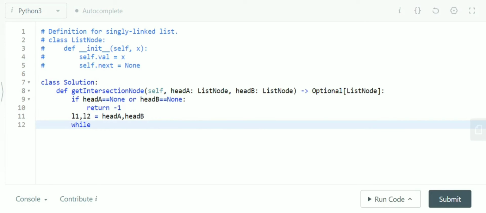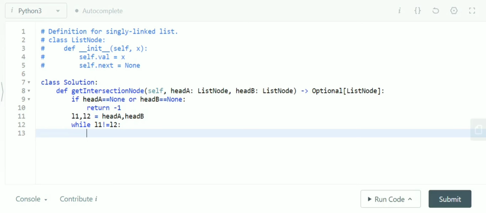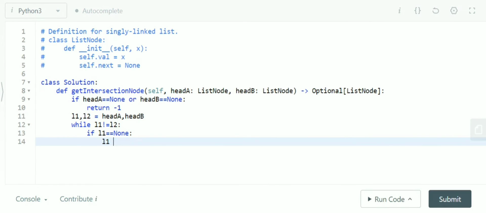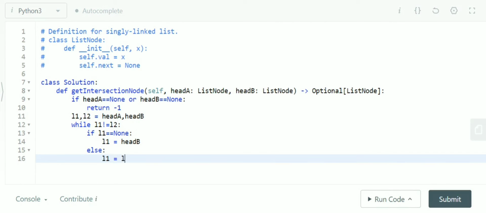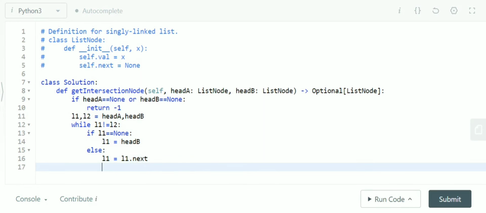Until L1 and L2 are equal, that is, until they encounter an equal node, we are going to iterate them. In case L1 reaches the last node of the first linked list, we point L1 to the head of the other linked list, head B. Otherwise, we shift L1 to L1.next, the next node.